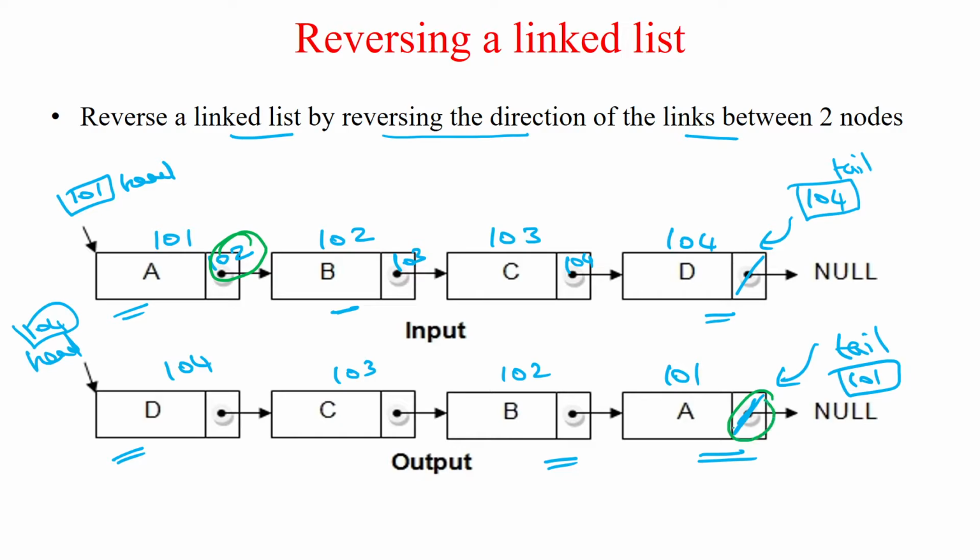Like that, D's next field in the given list is null, but here we have to make it 103. In C the next field is 104, but here it will be 102. For B the given list has 103 as the next field, but here we have to make it 101.